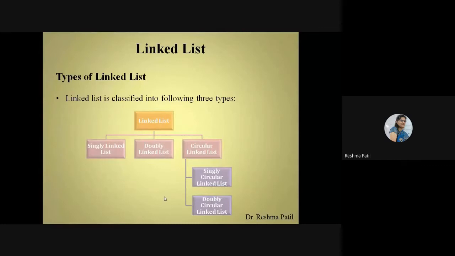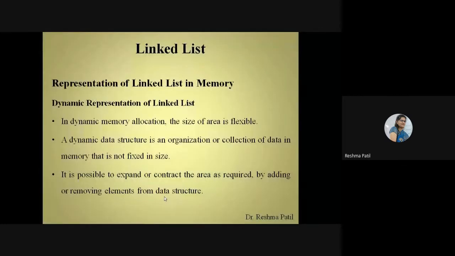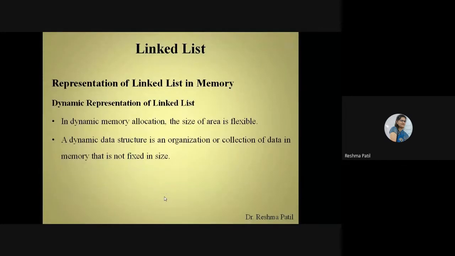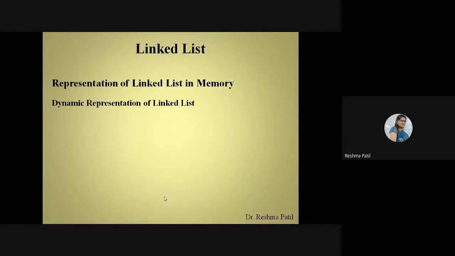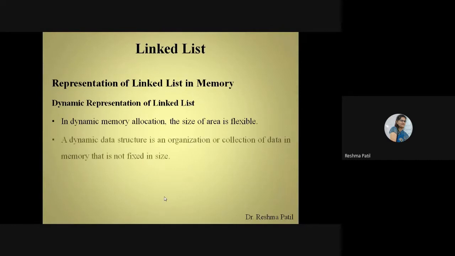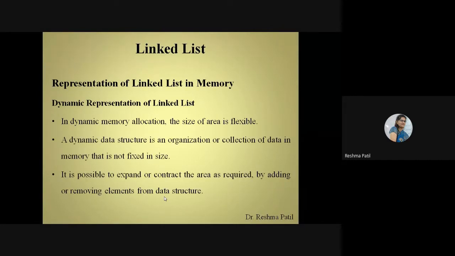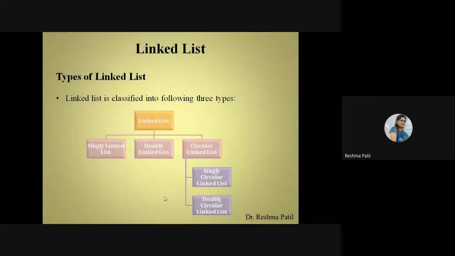So this is the dynamic representation of a linked list. There are two ways to represent a linked list: first is static representation using an array, and second is dynamic representation of a linked list. Here we are using pointers.